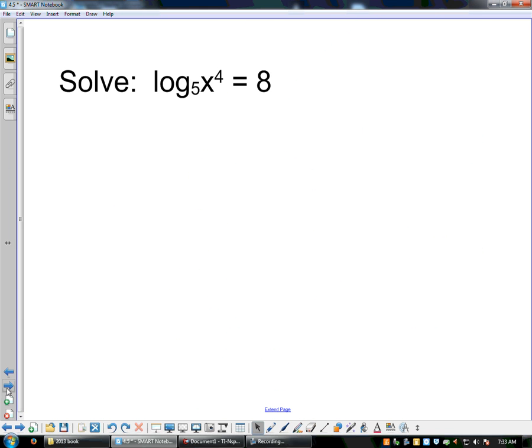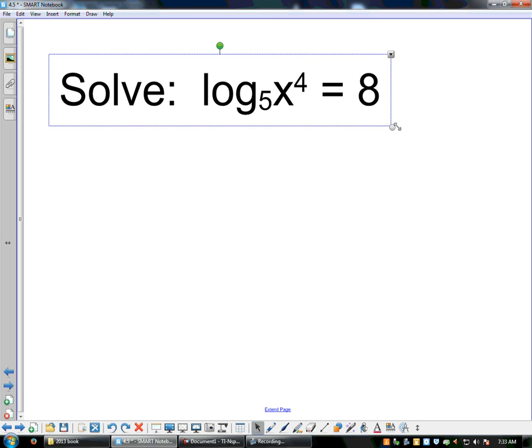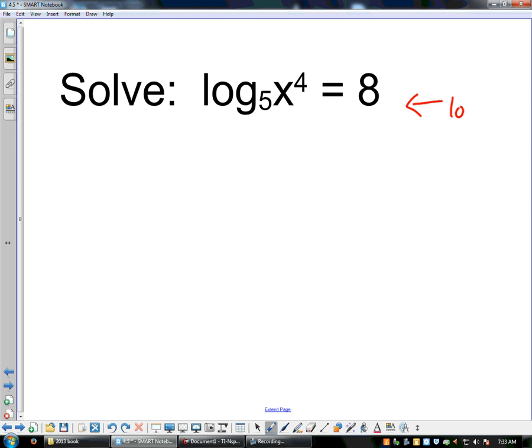All right, let's solve this one. Log to the base 5 of x to the 4th is equal to 8. If we're solving this, again, we have a logarithmic equation. The strategy is going to be to rewrite the log equation into an exponential equation.